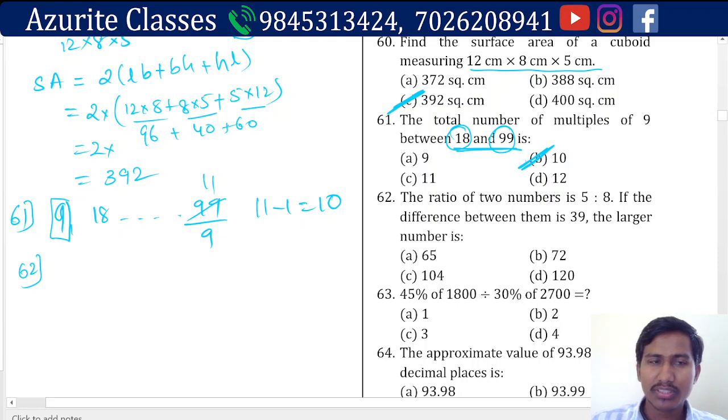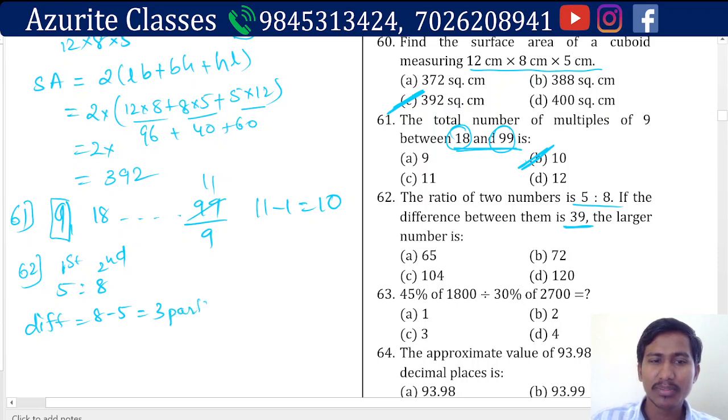The ratio of two numbers is 5 is to 8. If the difference between them is 39, the larger number is? Ratio is given, so if you take two numbers, first number and second number, 5 and 8, the difference will be 8 minus 5, that is 3 parts.